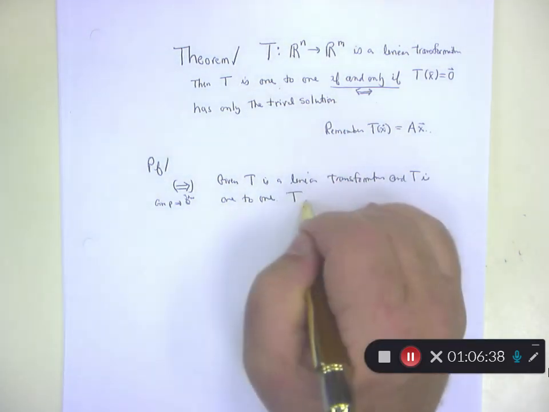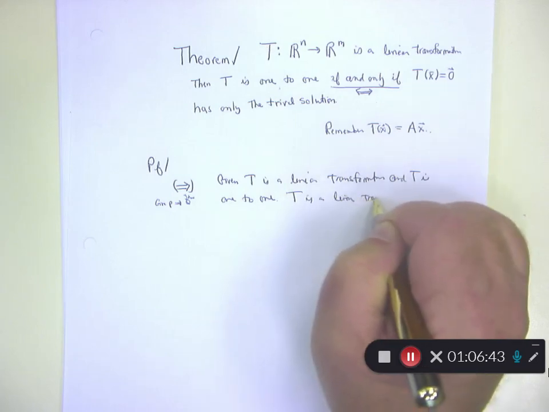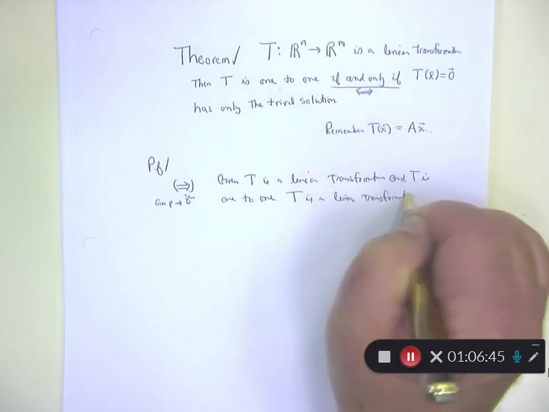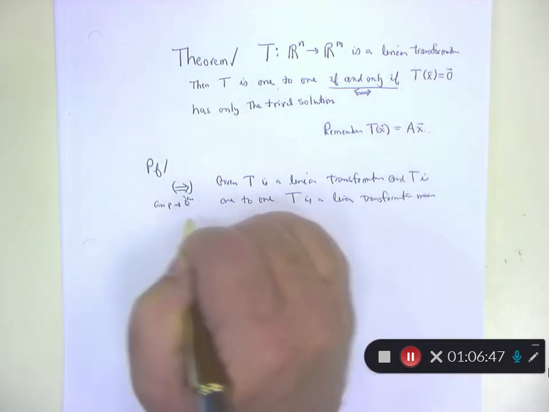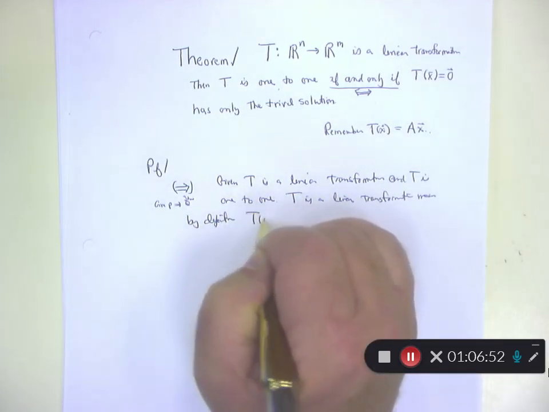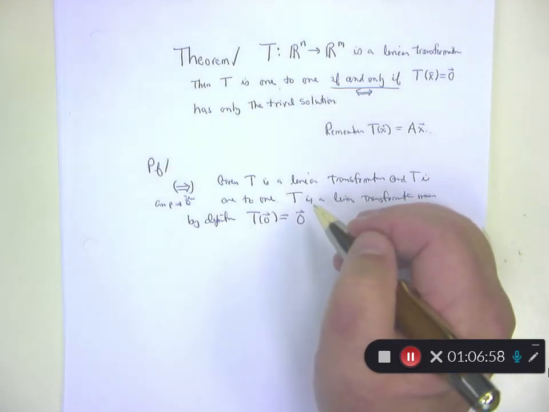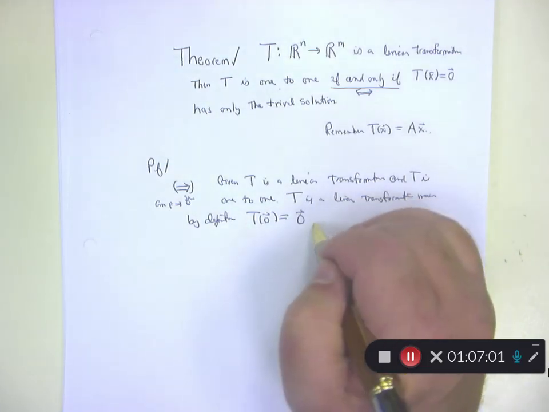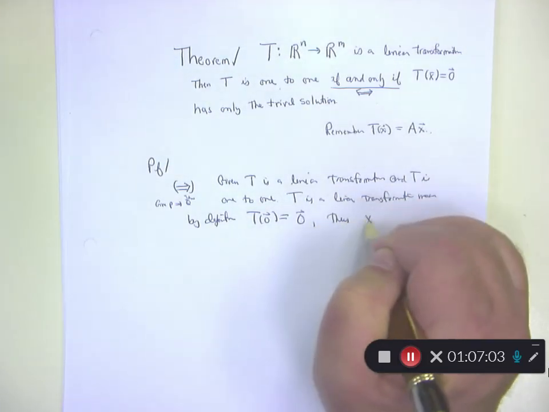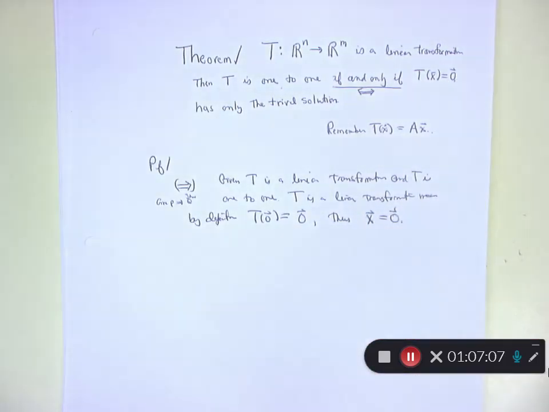Then T is a linear transformation, which means, by definition, who is T of 0 going to be equal to? Part of that definition. Who's T of 0 equal to? 0. Thus, x must be equal to 0. And we've gotten that condition over there. We got the trivial condition. x has got to be 0.